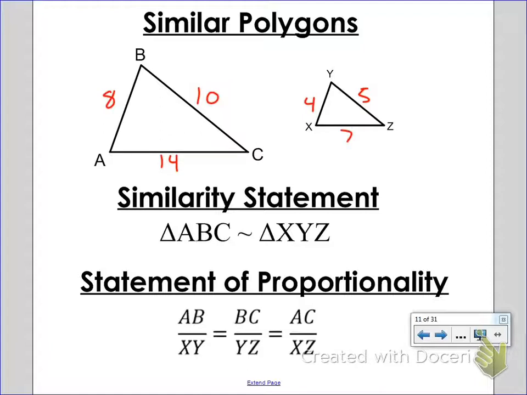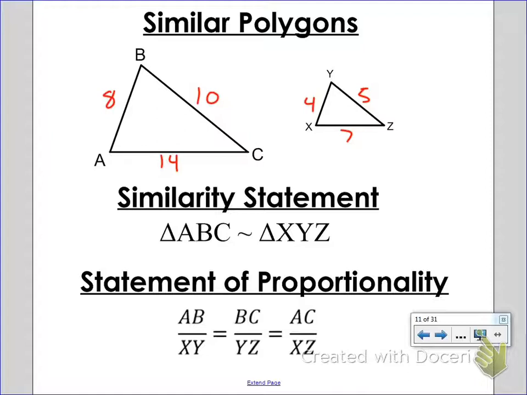So AB over XY would be my first ratio, 8 over 4, which reduces to 2 to 1. BC, which is 10, over YZ, which is 5, also reduces to 2 to 1. And then AC, which is 14, over XZ, which is 7, also reduces to 2 to 1.